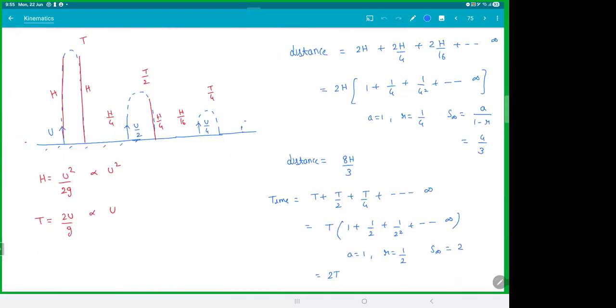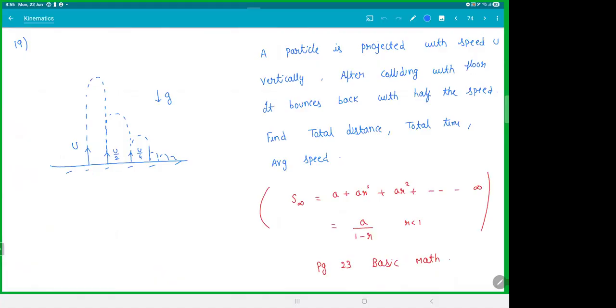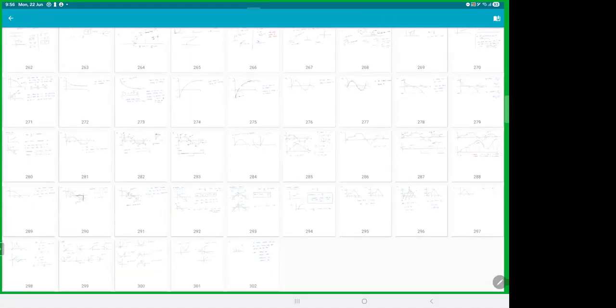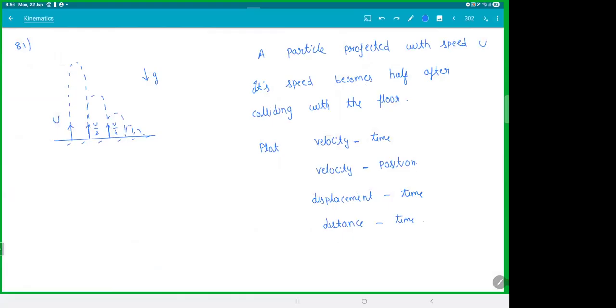I didn't ask you the graph, though. If you remember, this was a question. Nothing changed. The data was the same. Everyone should try the velocity time graph.